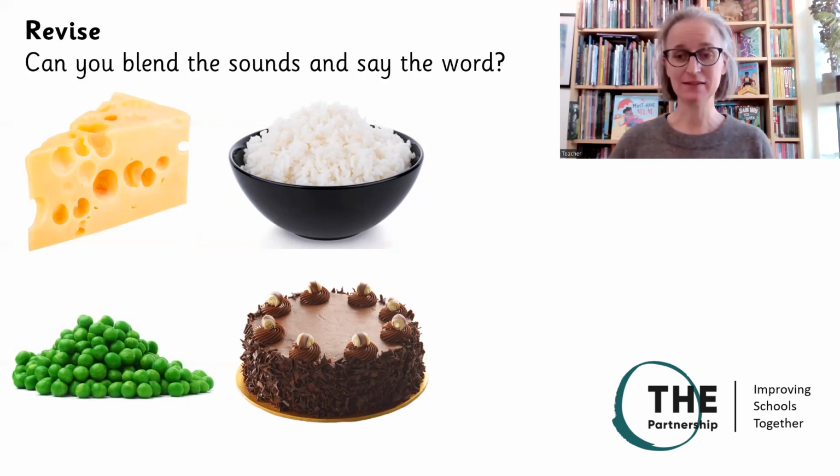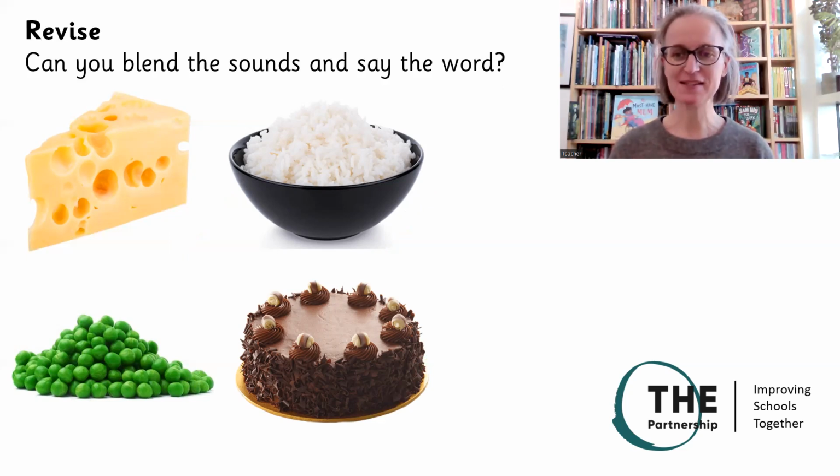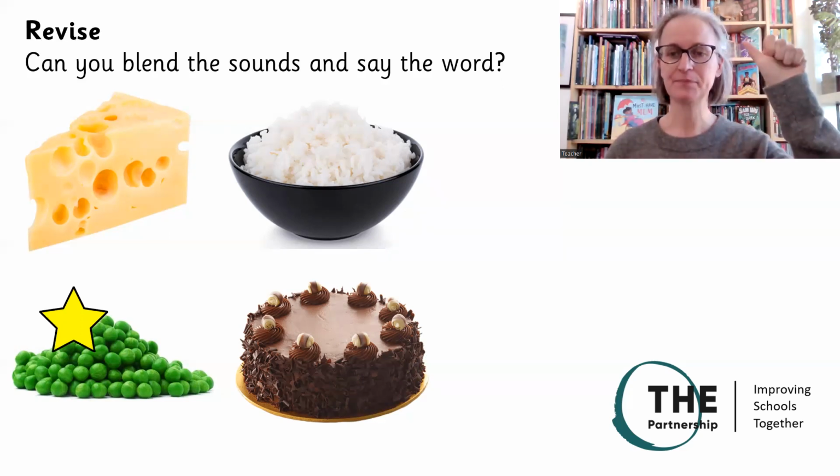Now it's your turn. A star is going to appear on one of the foods. You need to say its name, then you need to segment the sounds and blend them together. Look out for the star. Segment. Blend. Brilliant. Let's do it together.